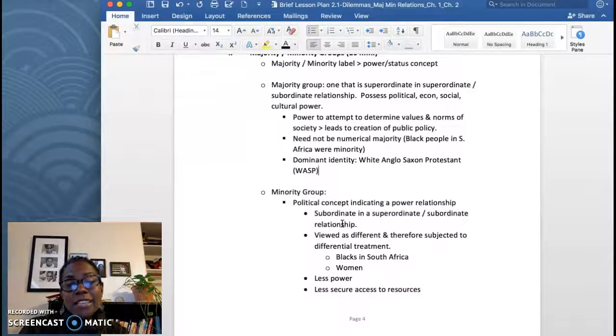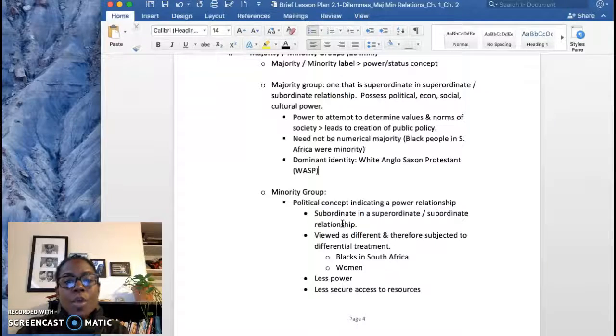In the United States, gender is another good indication of majority-minority status. Women are considered a minority group, even though it varies, but at this point they are about 52-53% of the population. So the number of women is high, but the power and status of women in the majority/minority relationship with men is lower. So that's important to keep in mind.